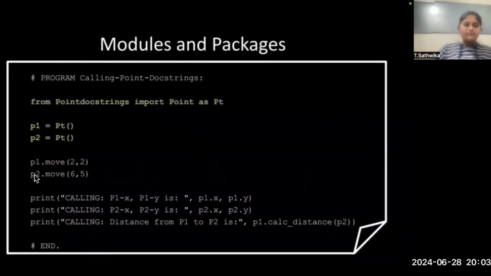Then we move the point p1 to x1 and y1, and p2.move to x2 and y2. And we call point 1 of x and y, and point 2 of x and y. And the distance between p1 and p2 is calculated in p2.